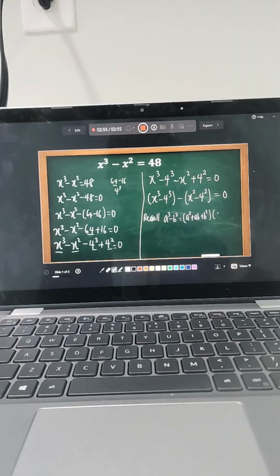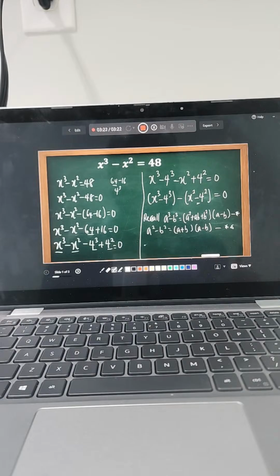And for the second, that is the difference of two squares: a squared minus b squared is a plus b times a minus b. So we have these two conditions in which we're going to plug in.